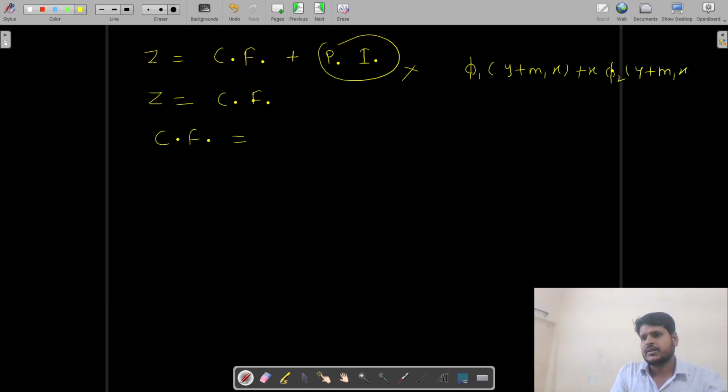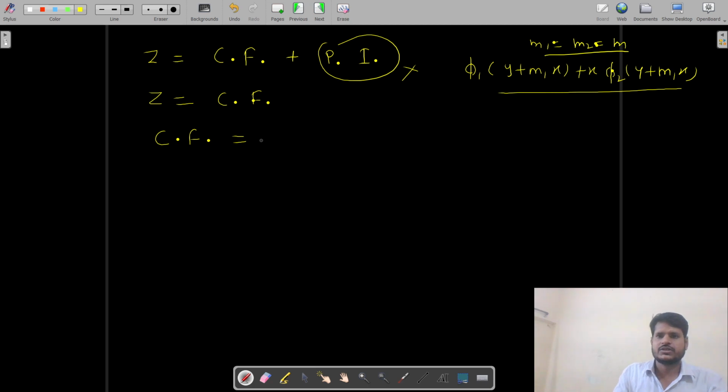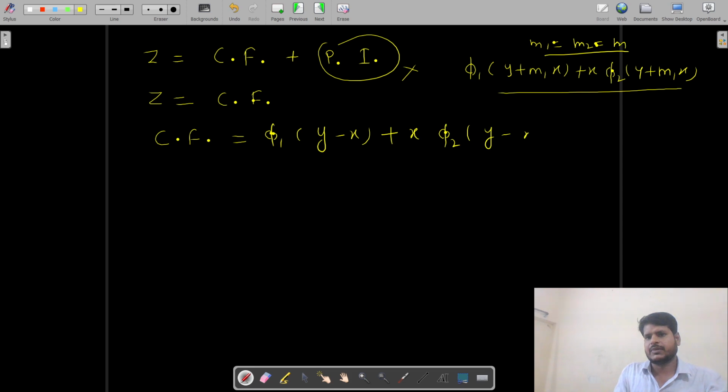This is the way if we have two roots m1 equal to m2 and both are the same. So in this case we have phi 1 of y minus x plus x times phi 2 of y minus x.